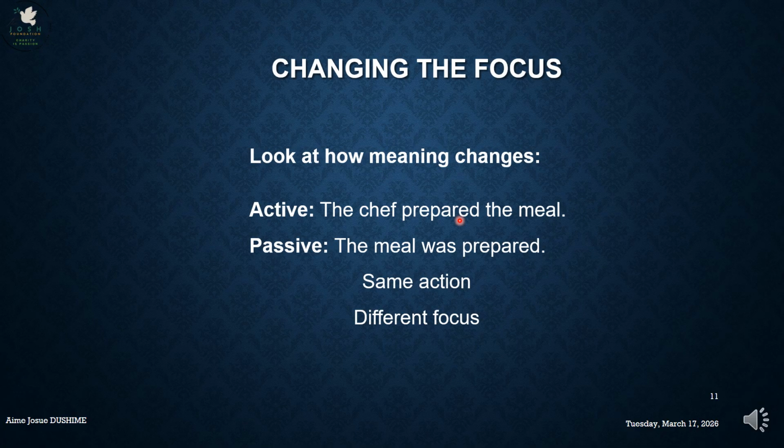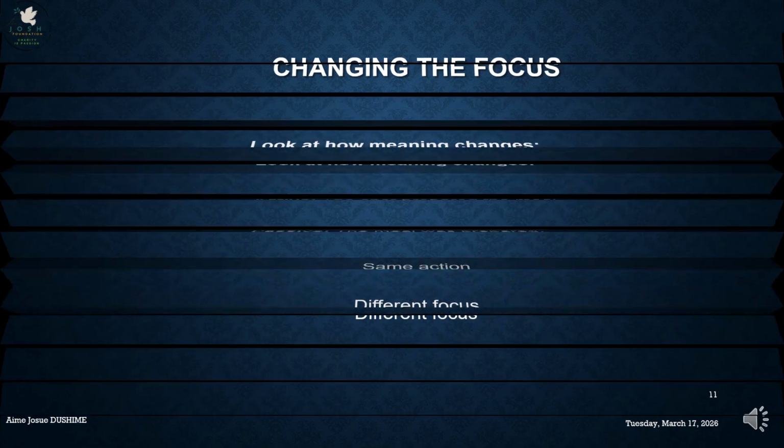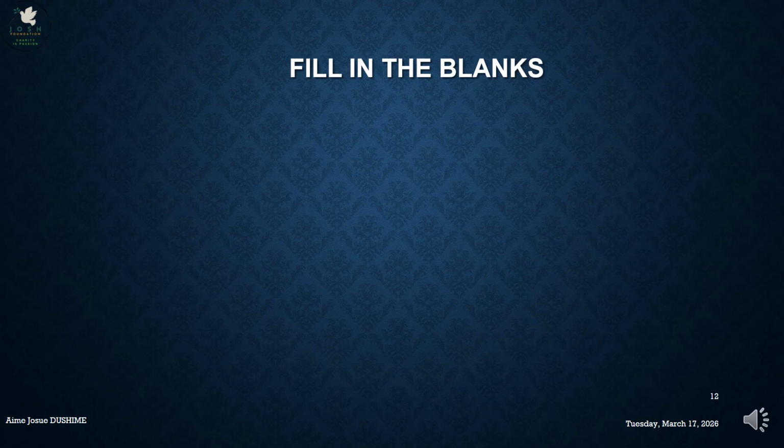The first one is focusing on the person. The second one is focusing on the object, on the result or the action. That's something you need to understand: in active you are trying to be more subjective, and in passive we try to be more objective.